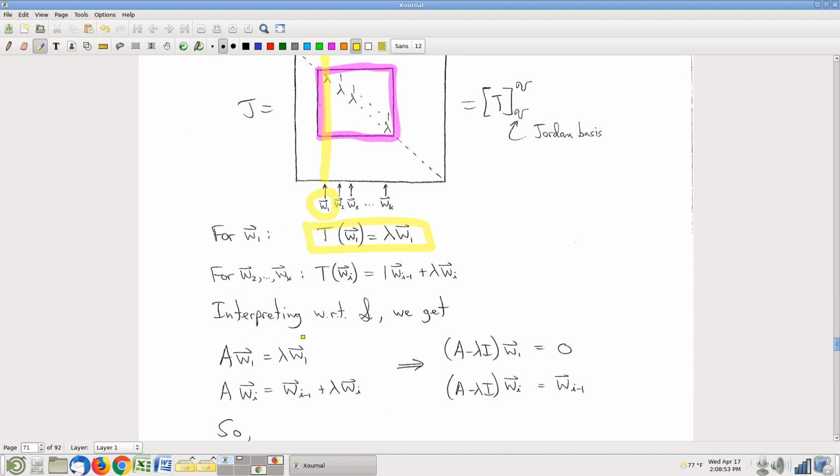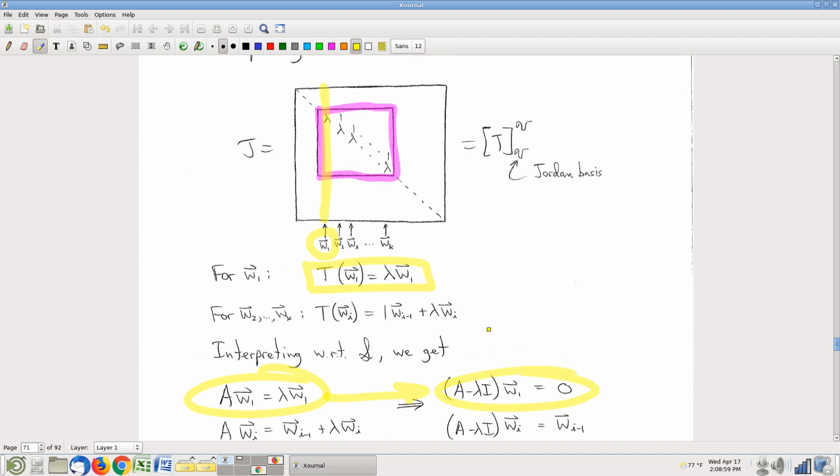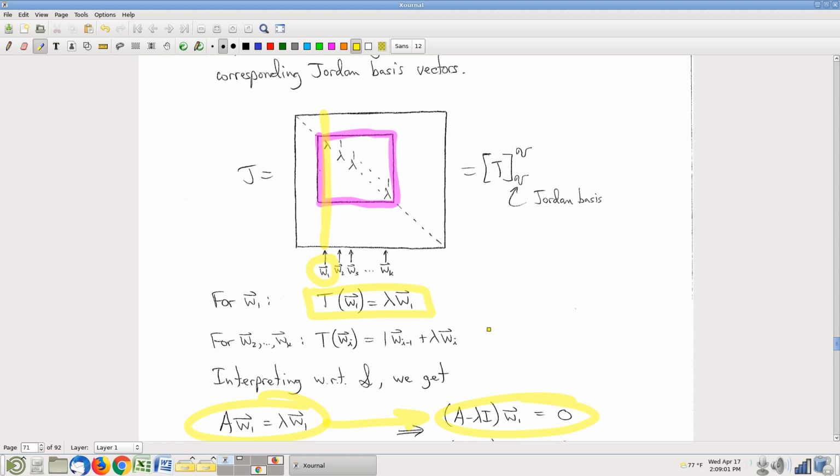Which I could rewrite as that. So you could take it as that first column is telling us what A minus lambda I does to that first Jordan basis vector. Reminder, we kind of already knew this. We knew that first Jordan basis vector was an eigenvector, and we already knew that eigenvectors are in the null space of A minus lambda I. So this is a reproduction of old news.